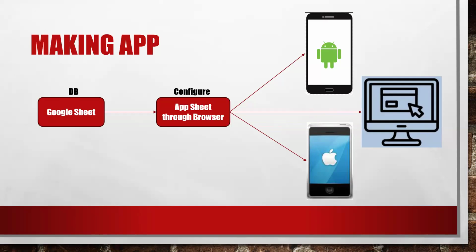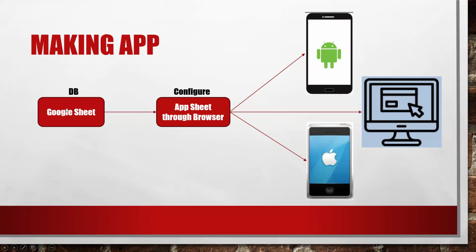Then you can have a number of tables, like a number of sheets in the Google Sheet, and you can have association between one and another by just repeating the name of the sheet in the column. That's how one table gets connected to another. We'll see how it works. And this is basically your database now.